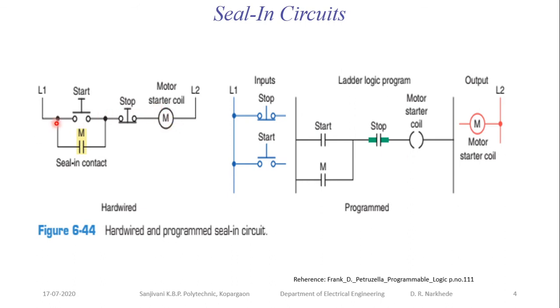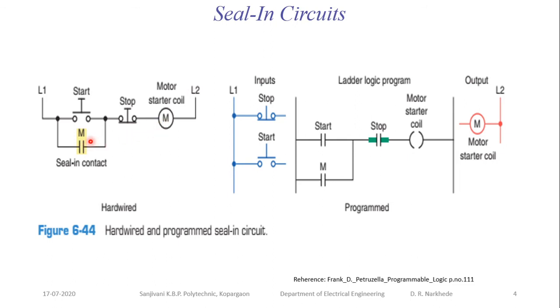So I want to maintain the motor in the start condition. What I am going to do here is place one auxiliary contact of the motor contactor in parallel with the start button. Now how will it operate? When the start button is pressed, the current will flow from L1 to start, start to stop, stop to M, the M contactor gets energized, and L2.